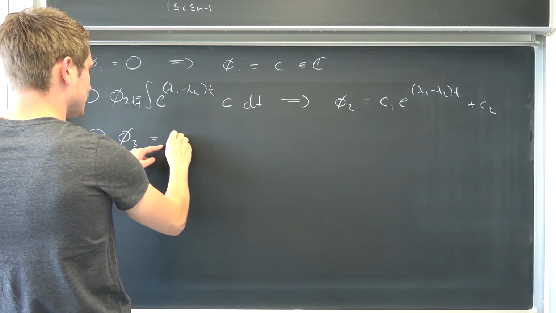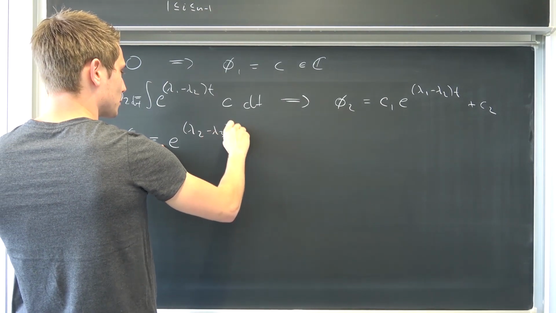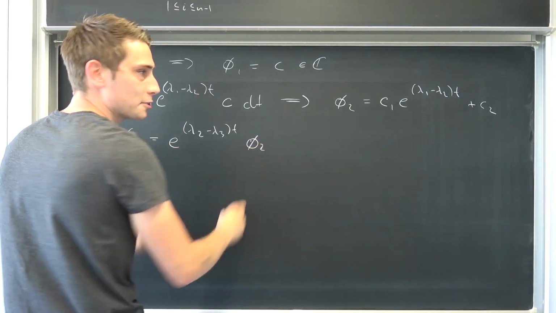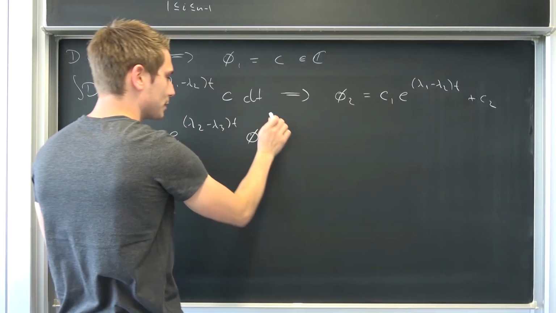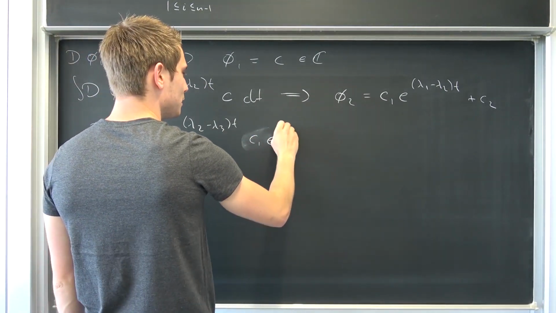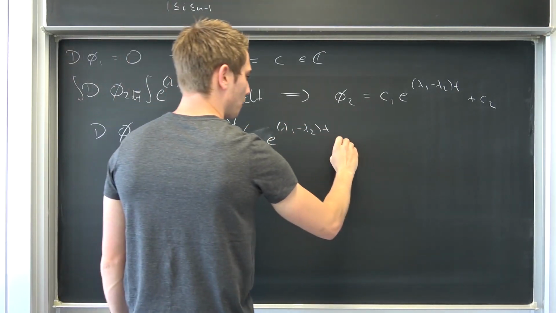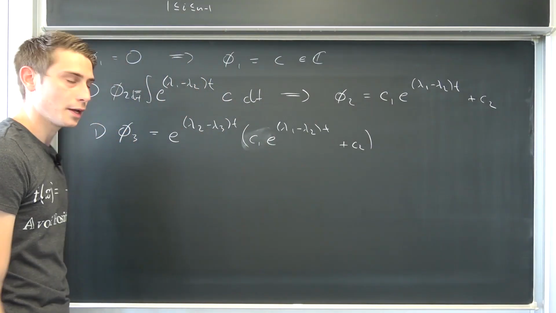Well, this is nothing but e to the (lambda 2 minus lambda 3) times t times phi 2. But phi 2 is nothing but this right here, meaning we are going to be left with c1 e to the (lambda 1 minus lambda 2) times t plus c2.